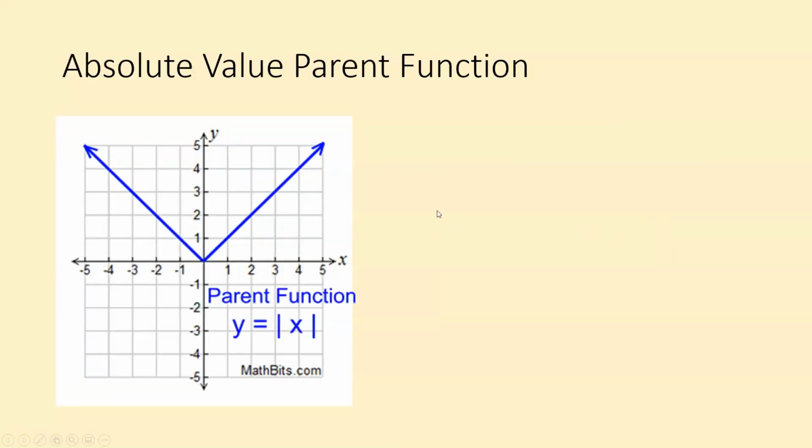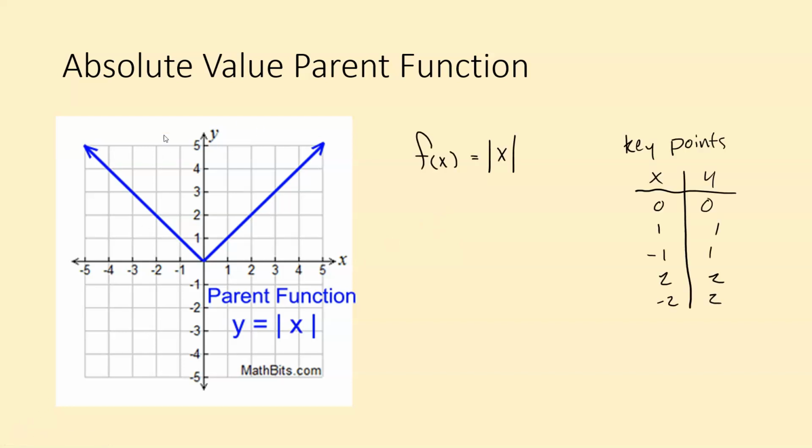Next we have the absolute value parent function. The absolute value parent function looks like this V shape. This is the equation. It is just the absolute value of x. Key points, 0, 0, 1, 1. From this side of the graph, it looks just like a linear y equals x line.